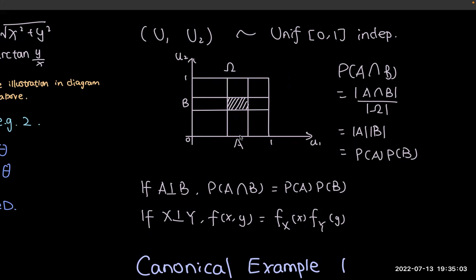And then the probability of A is still the length of A because the height is 1, right? The area of this vertical zone is the length of A times 1, which is also the length of A. So you can think of A, or the probability of A, within two different sample spaces: one is this unit interval, the other is the unit square. But in both situations, the probability of A is the length of this interval A.